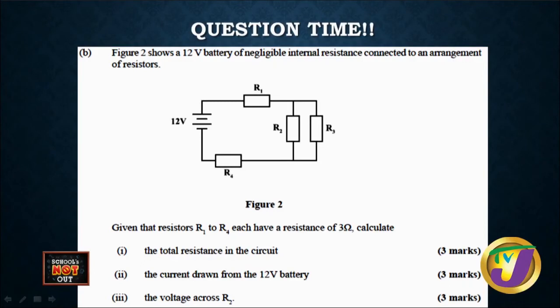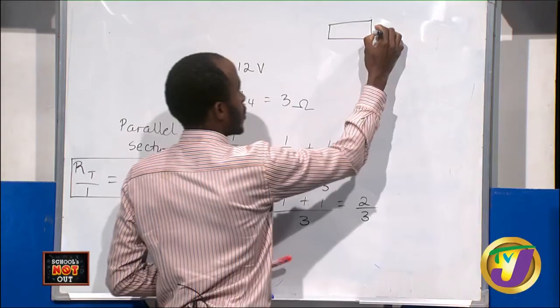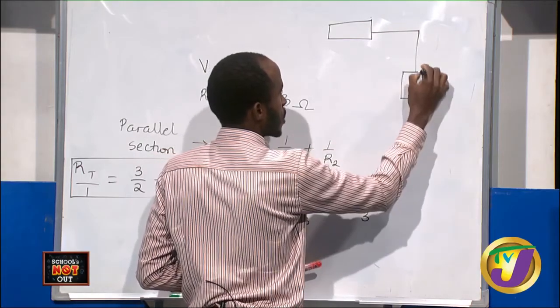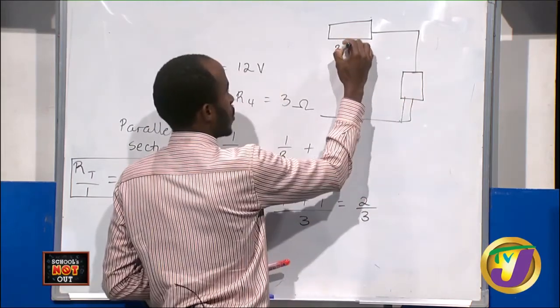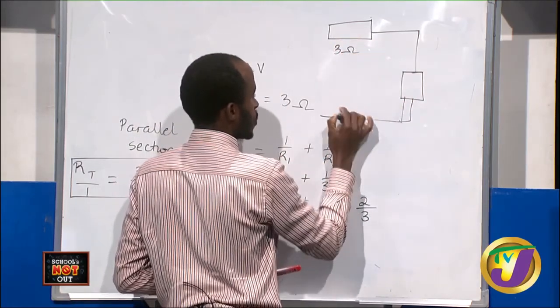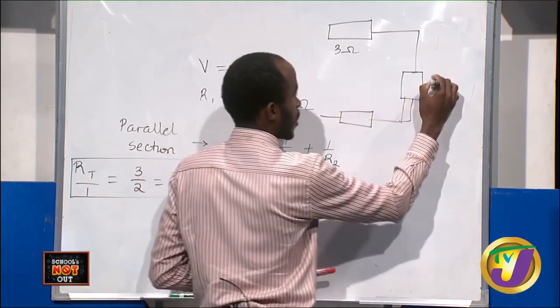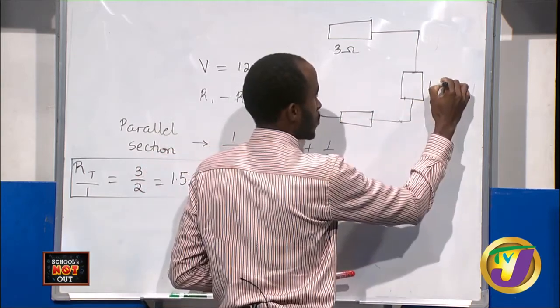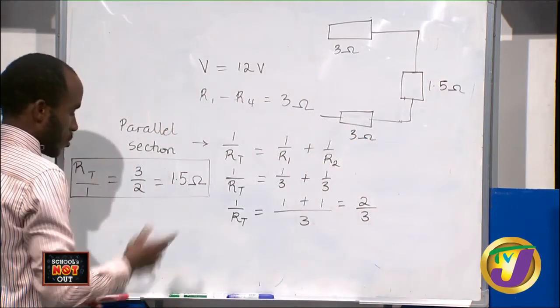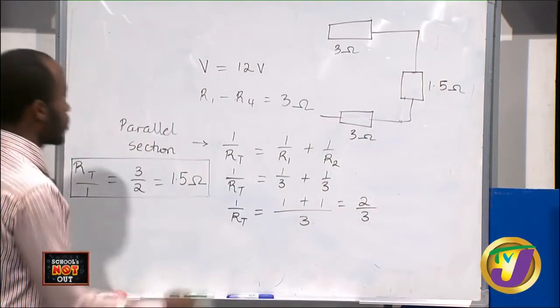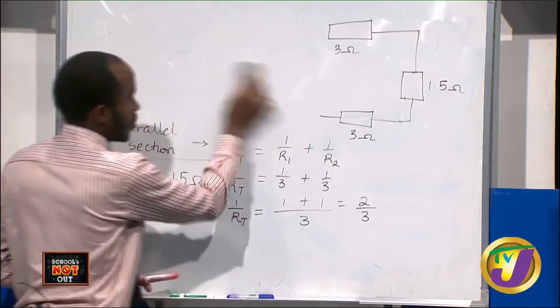So essentially, we can replace the parallel section now with a single 1.5 ohm resistor, and diagrammatically it would work out to be something like that. Alright, so we have taken the 3 and reduced it now to just being 1.5.